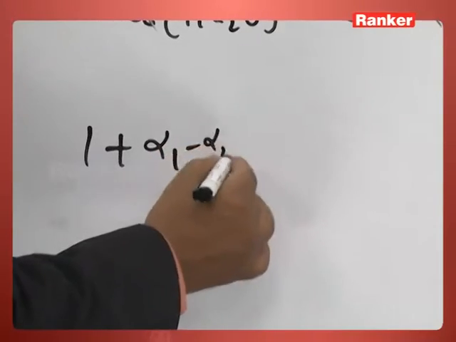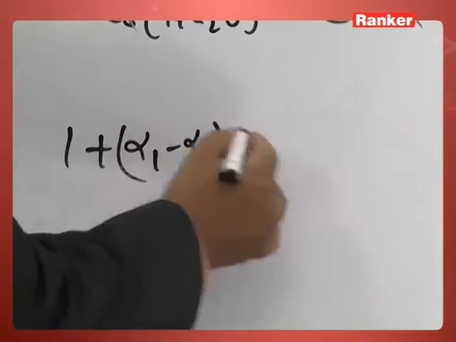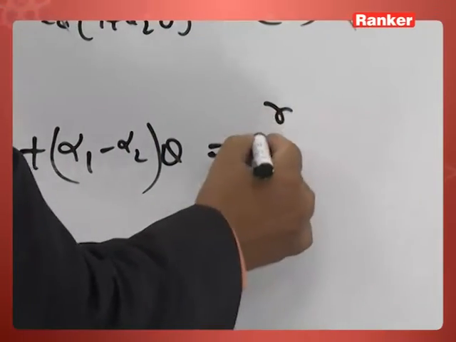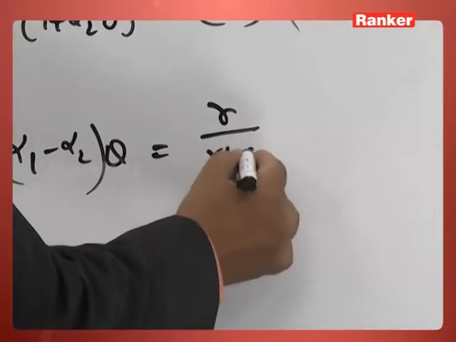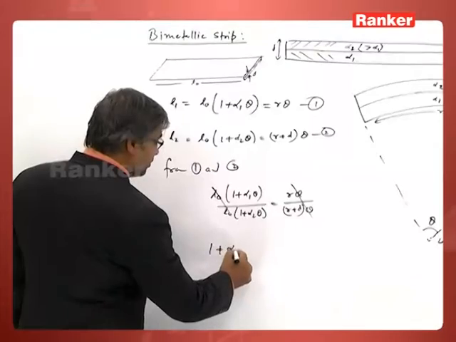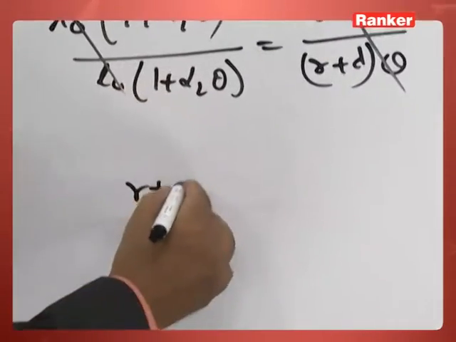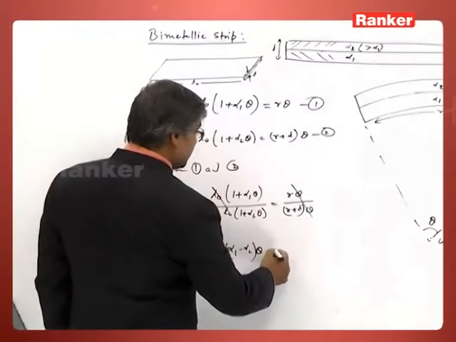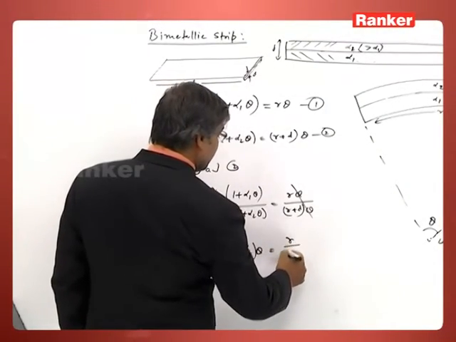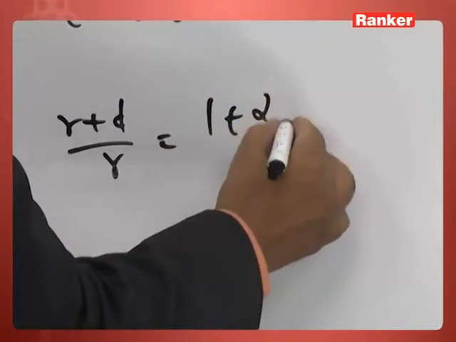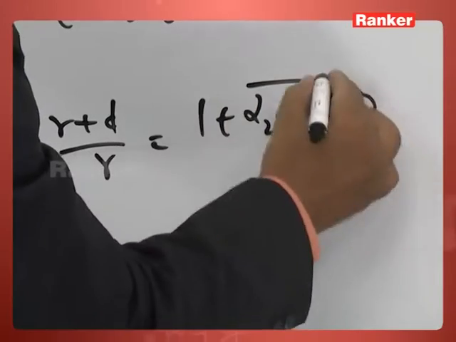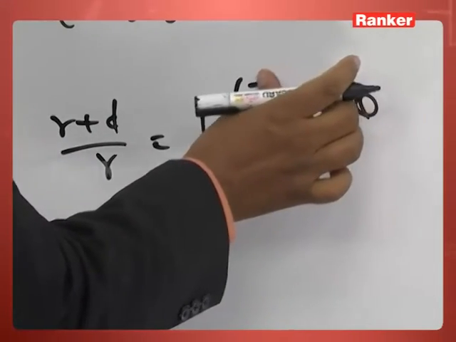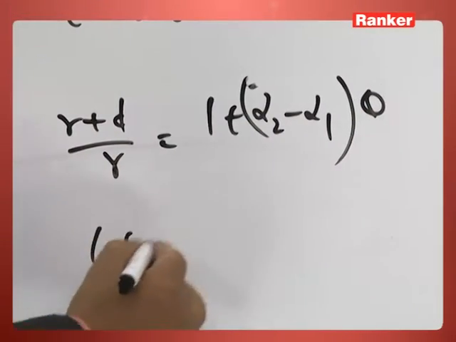We wish to calculate r. If I use the binomial approximation, we will get 1 plus alpha 1 minus alpha 2 theta, assuming alpha 2 theta to be small, equal to r by r plus d, which is 1 by 1 plus d by r.